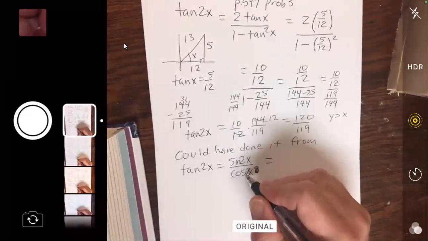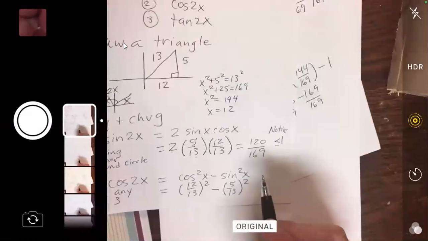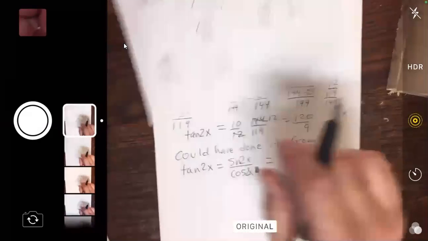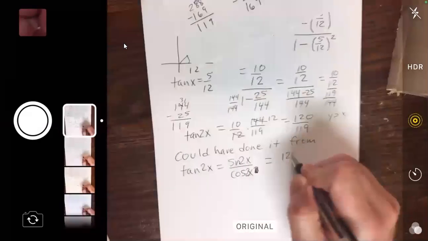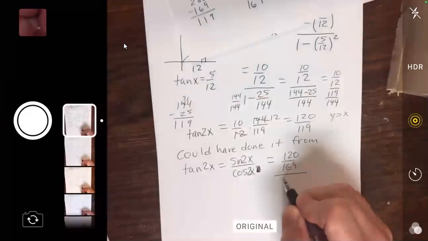The sine of 2x worked out to 120 over 169, and your cosine of 2x worked out to 119 over 169.